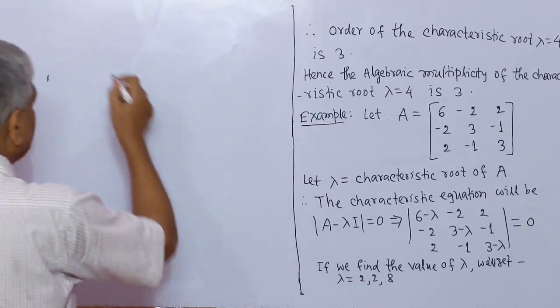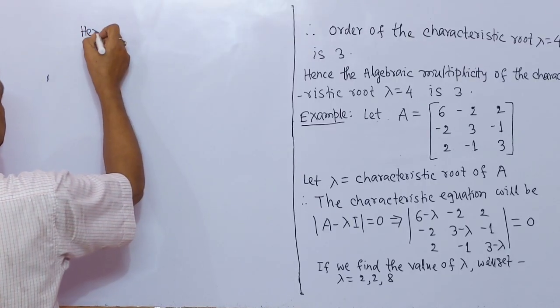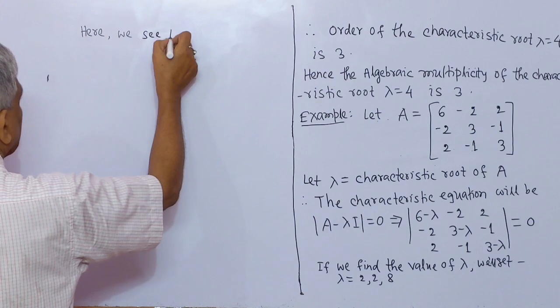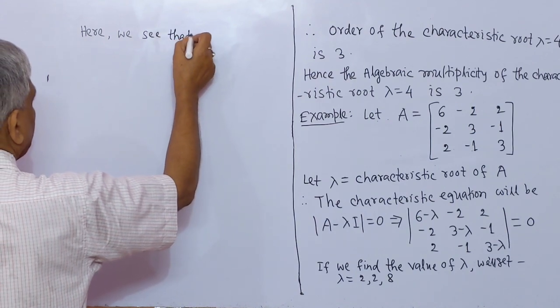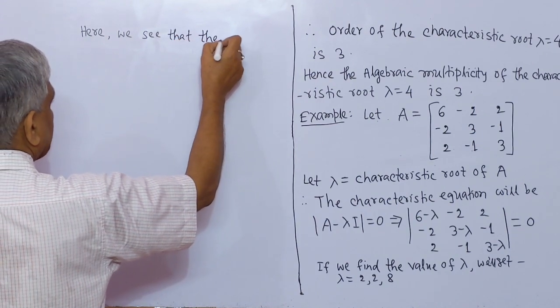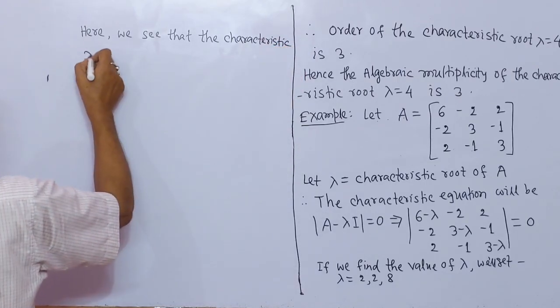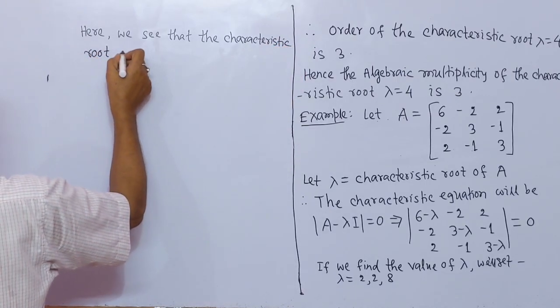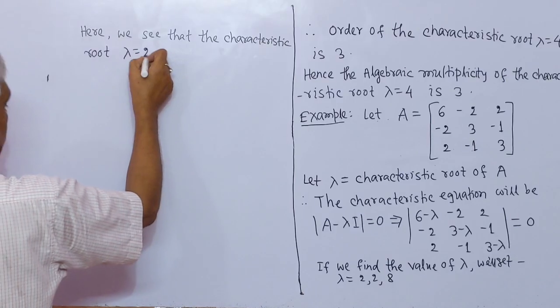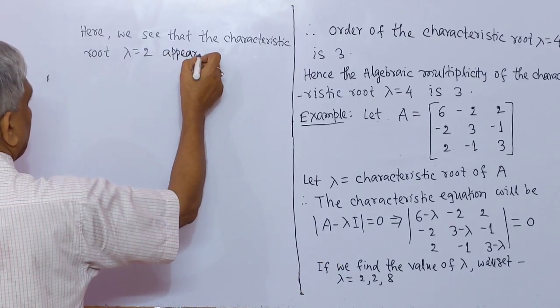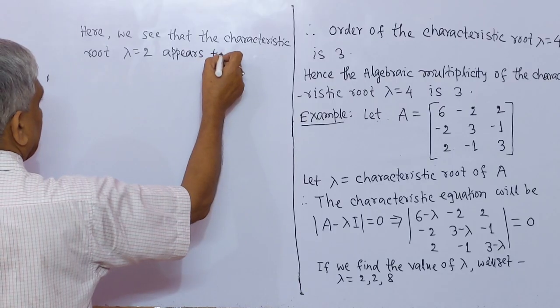Here we see that the characteristic root lambda equals 2 appears twice.